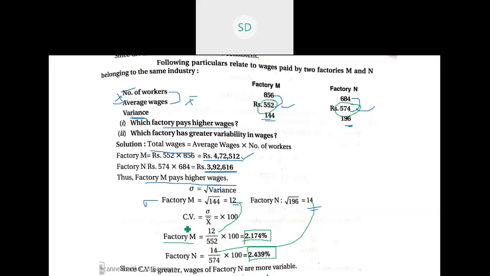Now the second question: which factory has greater variability in wages? Variability means more CV, consistency means less. So the CV of factory N is greater, which means factory N is more variable in wages.